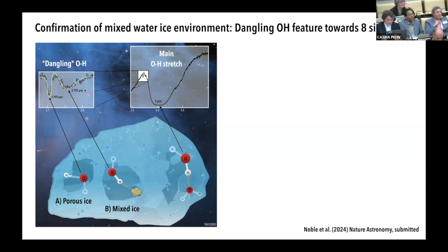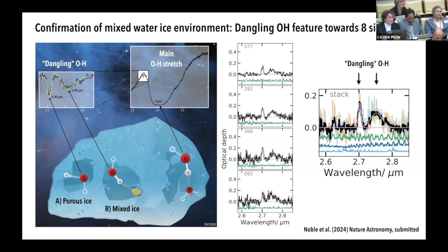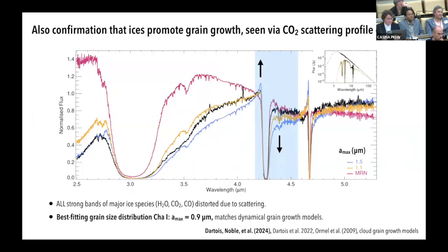So we actually detect, using NIRCam's wide field slitless spectrograph, this feature along 8 different lines of sight. And you can see in the stacked spectrum that we have there that it's a reliable detection. So we are seeing some kind of mixed water ice environment, potentially porous as well. We can't eliminate that possibility.